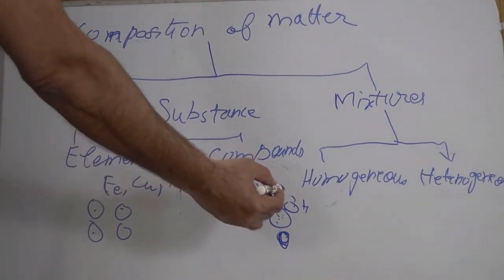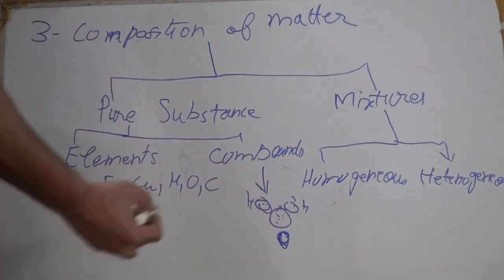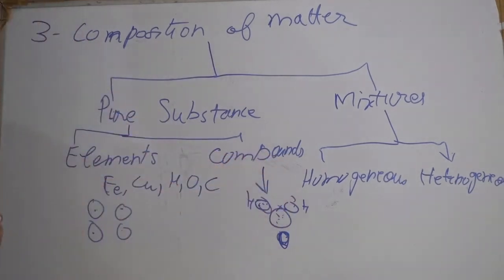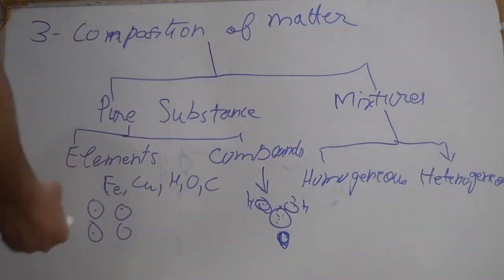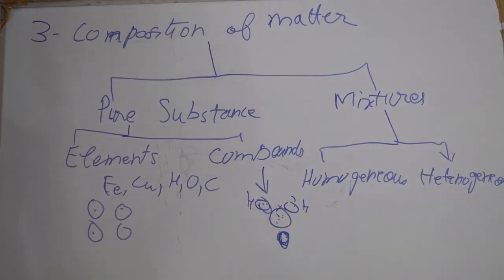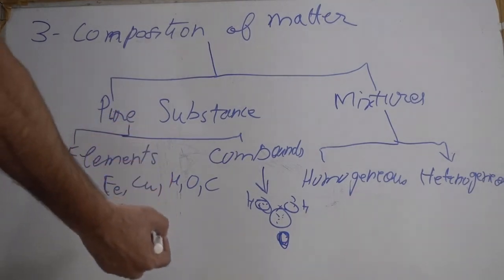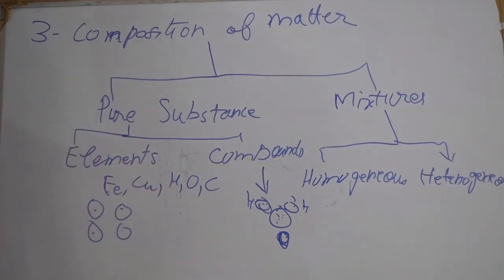It means in compounds all the molecules are alike, but in the molecules all the atoms are not alike, meaning they don't belong to the same element. They belong to two or more different elements which are chemically combined.